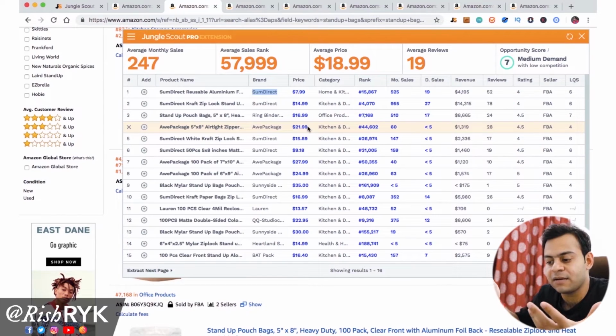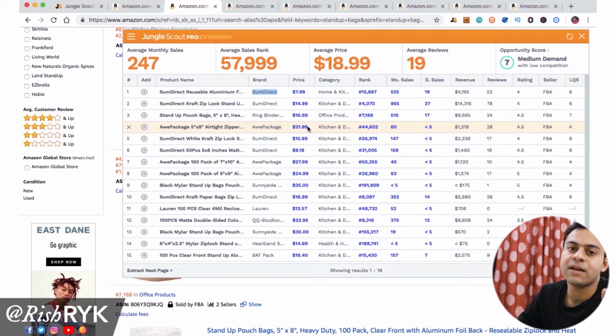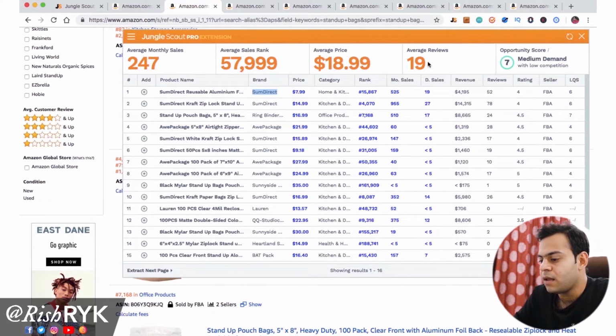Moreover, I think they're priced under $15 or $17, which is again going into the red danger zone, right? So I think this product might not be a good fit, but I'm still going to look further and talk about all the things I'm looking at. But this is already failing my thumb rule of an average price of $20 or more, right? Going forward, there's a rank column.